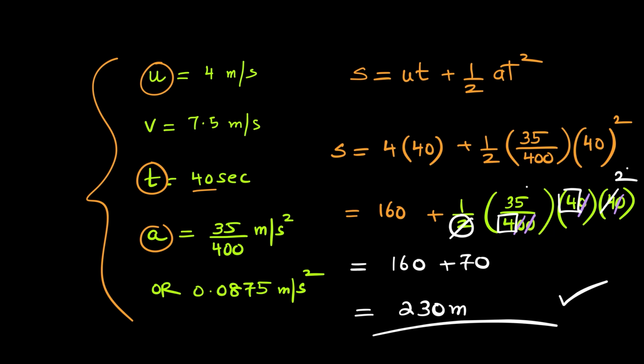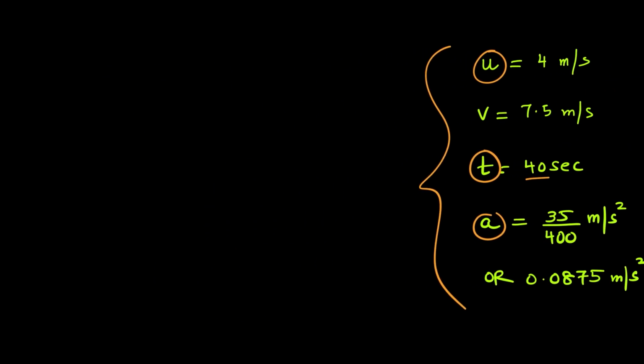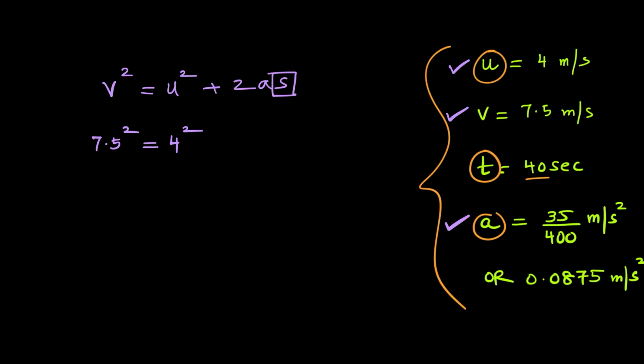Now let's use the other formula. That is V squared equals U squared plus 2AS. We have U, we have V, we have A, and we can find this unknown value, which is the distance. So V squared is 7.5 squared, U squared is 4 squared.